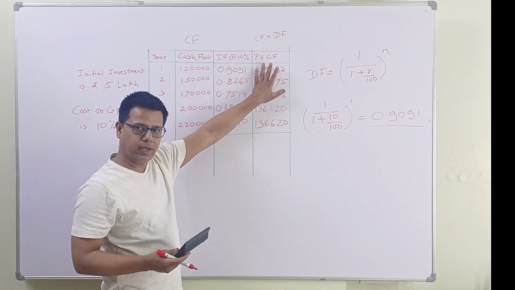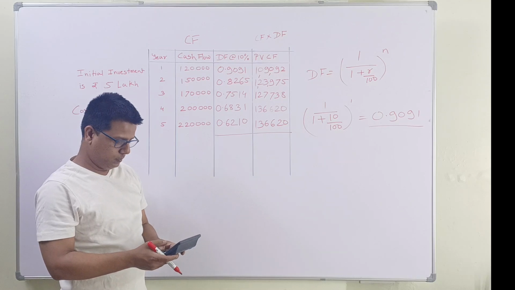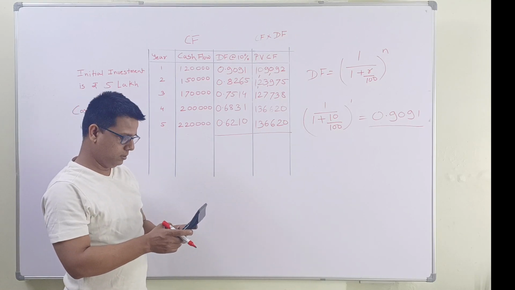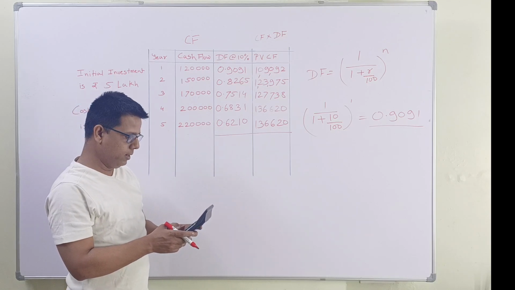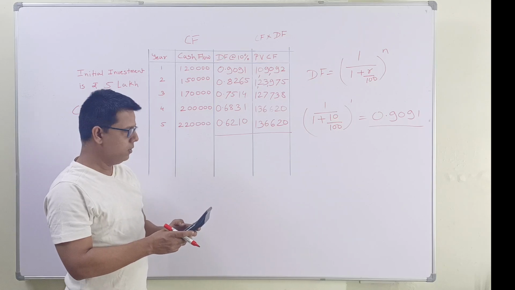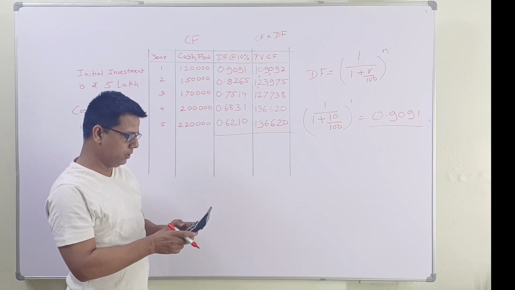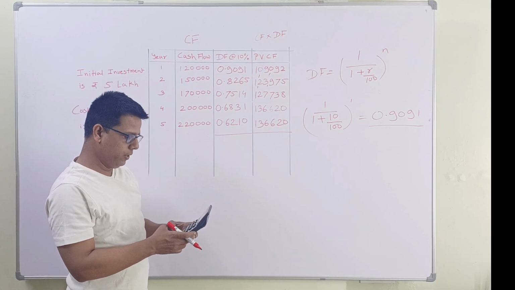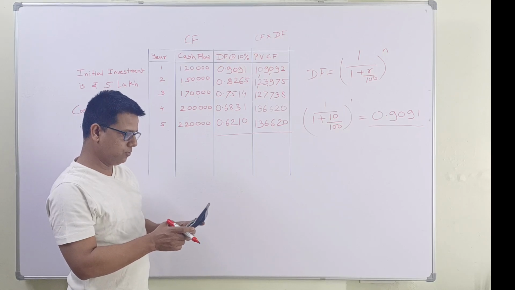So let's first calculate the total. 1,09,092 plus 1,23,975 plus 1,27,738 plus 1,36,620 plus 1,36,620.